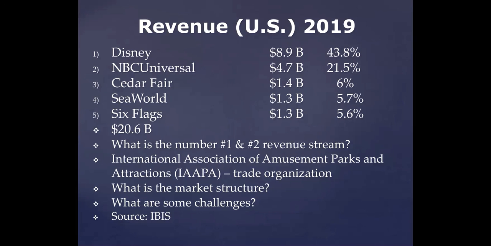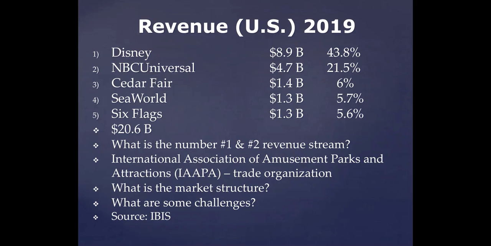Last year, at least in the United States, in 2019 I should say, the revenue was $20.6 billion. And what is the number 1 and number 2 revenue stream? It is ticket sales, I should say. So ticket sales was the number 1 revenue stream. Number 2 revenue stream is concessions.